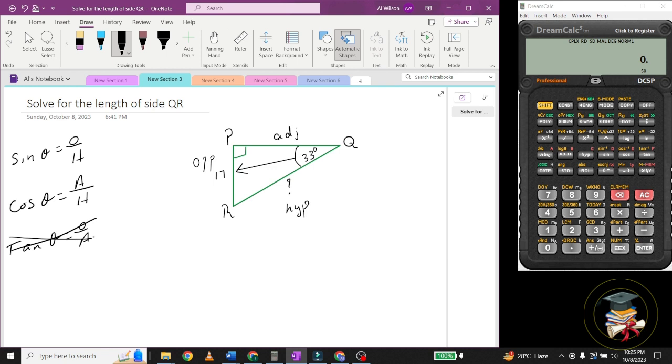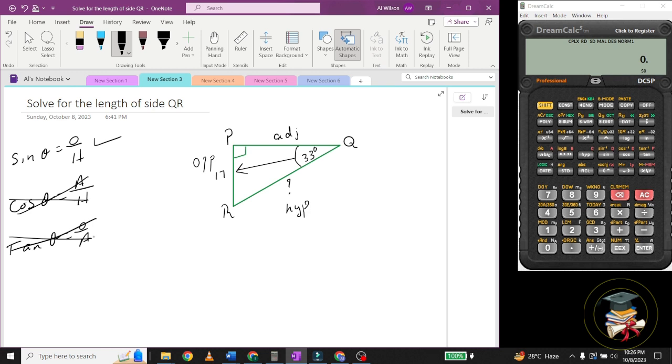And as before, the adjacent is not what we're looking for, leaving us with our sine ratio to be made use of. So notice how I'm actually going through this elimination method. This is something you need to practice because, again, they're all three ratios that are given to you for you to learn. Any one of them could come in a quiz or at CXC.